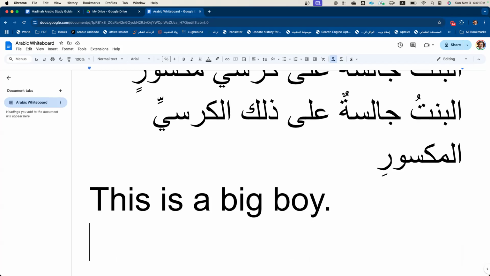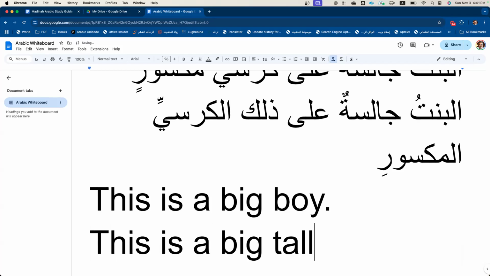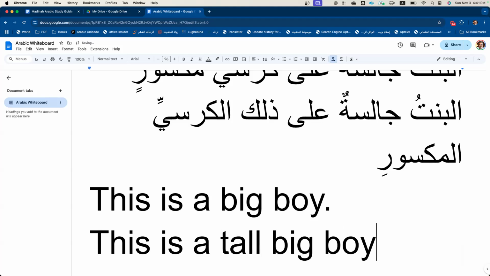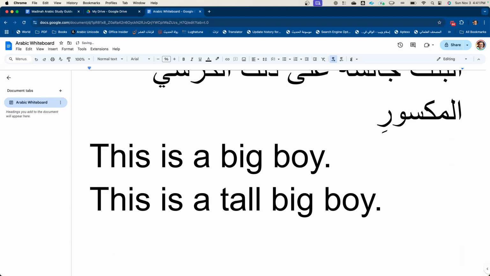This is a big and tall boy, right? Like our Sheikh Naif, mashallah. This is a tall big boy. هذا ولدٌ kabirun, tawilun. Yes, you can do it in Arabic.